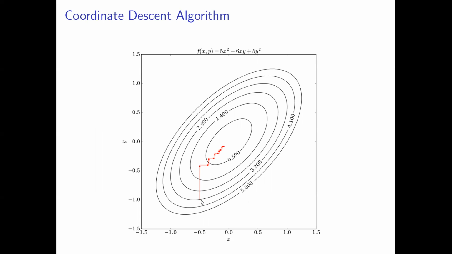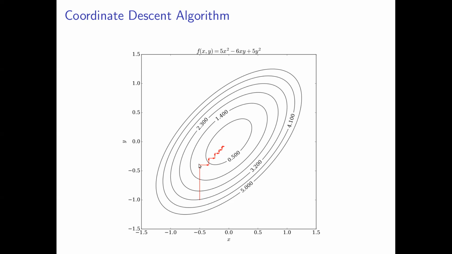Graphically, this means we start from some point. We do this line search, we optimize and obtain the first direction, this y direction, then we again update the second one, the x direction, then again we update the y direction, the x direction, and so on and so forth. And this is why it's called coordinate descent.